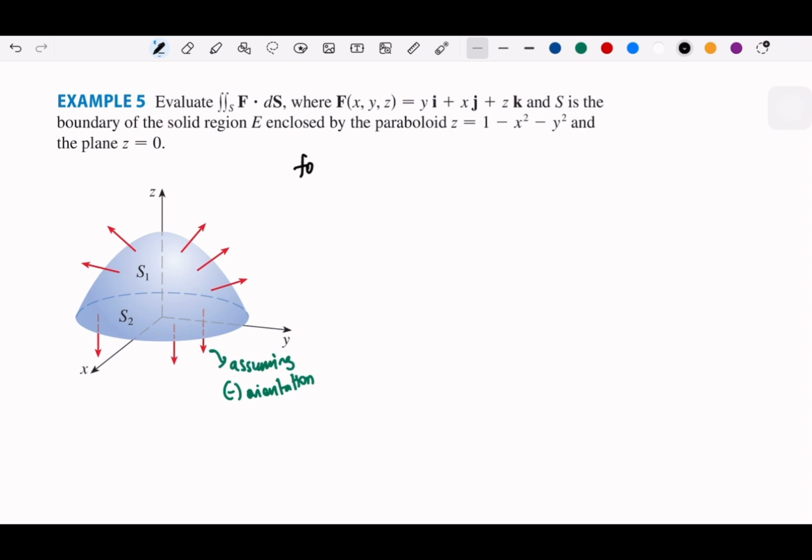So for S1, it means that we are going to focus on the paraboloid Z. And then from the F, we could break down the P, Q, R values.